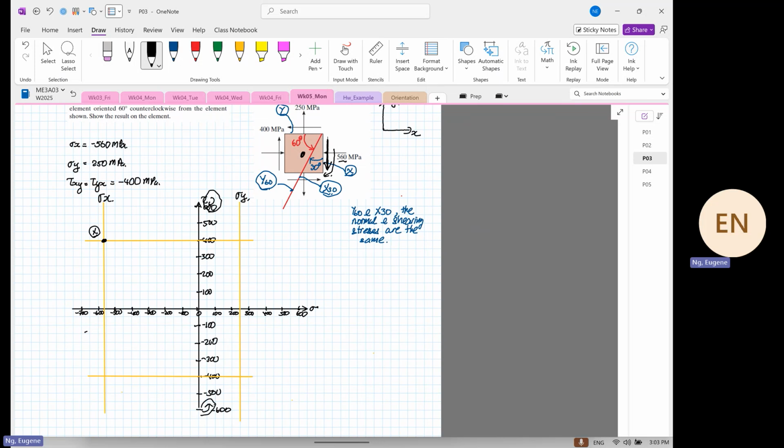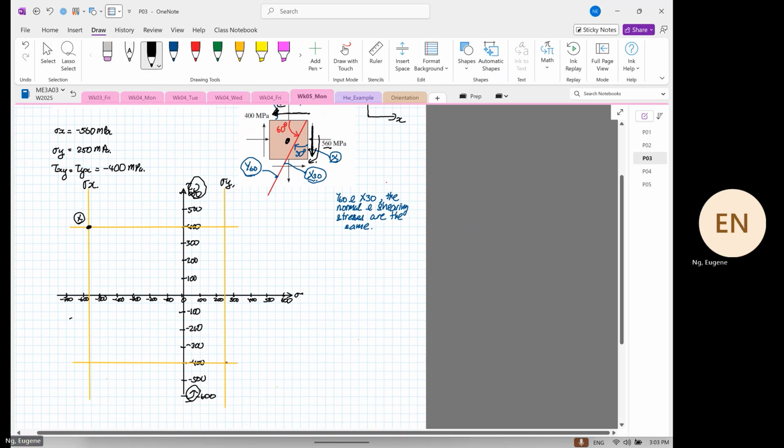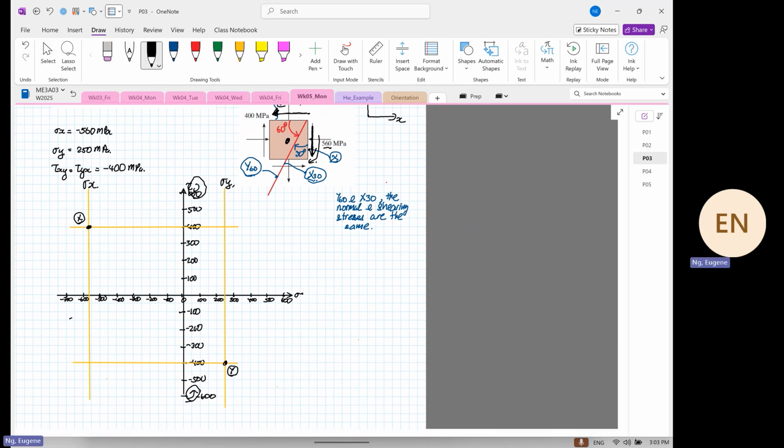Over here, the element rotates anti-clockwise. And at Y, based on the shear, it is going to rotate in what direction? Clockwise direction. We good? This is important.